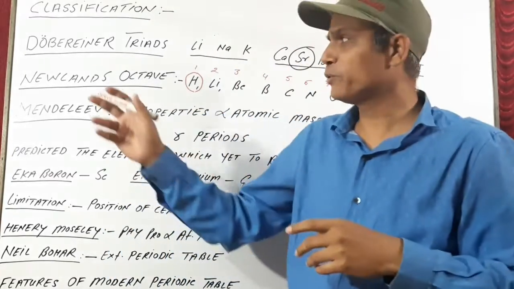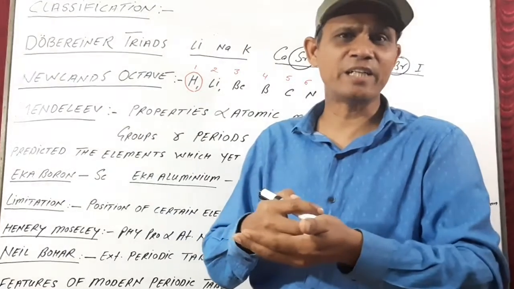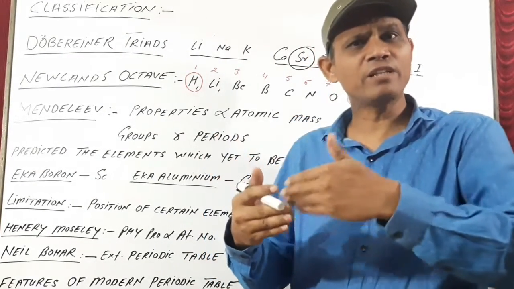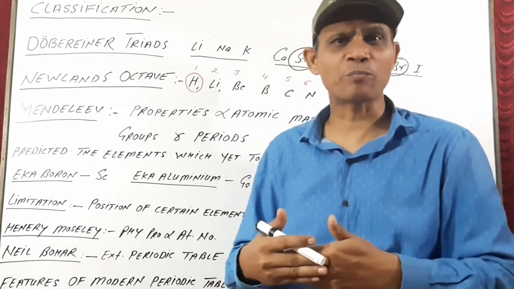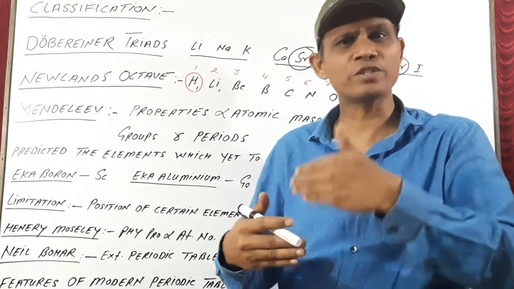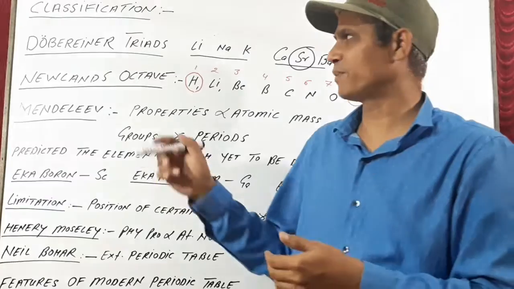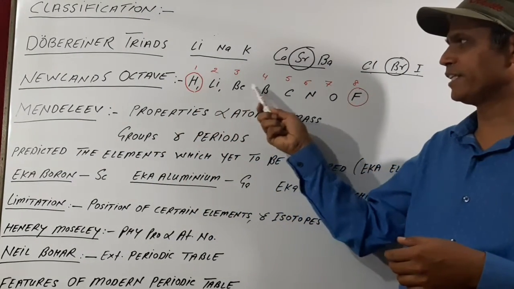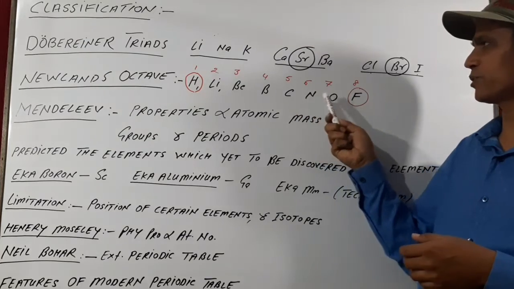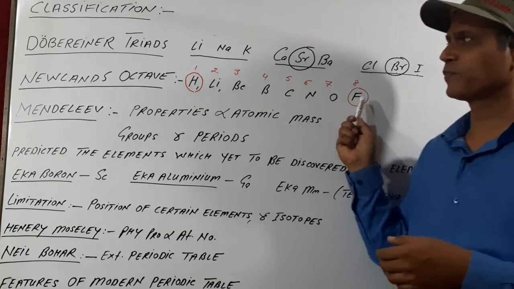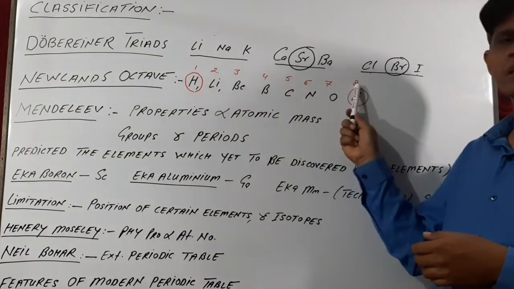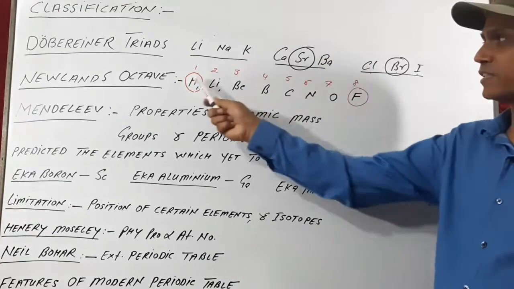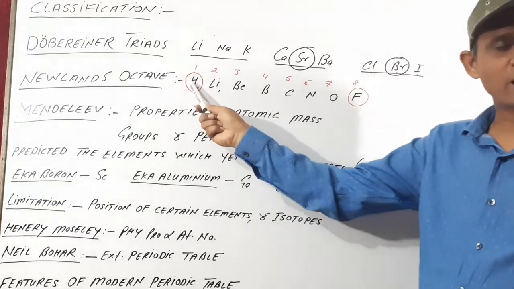Similarly, Newlands also arranged the elements in which the eighth element had the same property as that of the first element. For example, here I have written hydrogen, helium, lithium, beryllium, boron, carbon, nitrogen, oxygen, fluorine. Now, the eighth element over here is fluorine and the first element here is hydrogen.